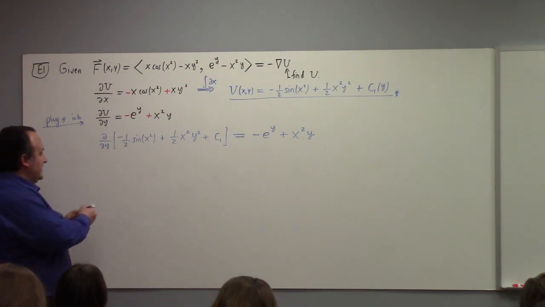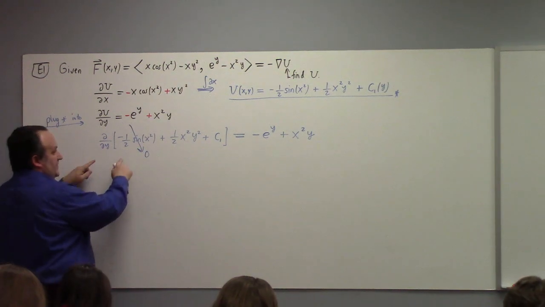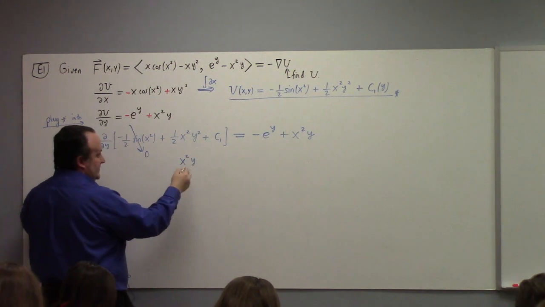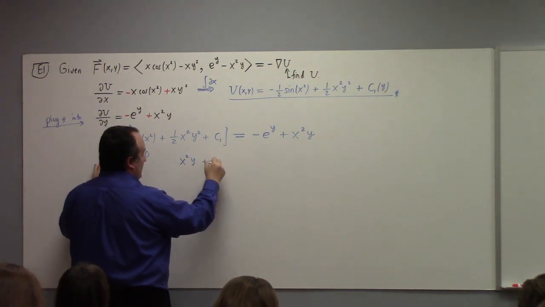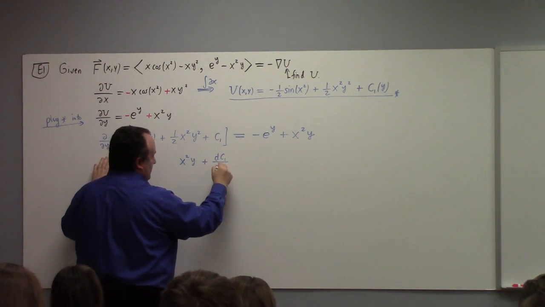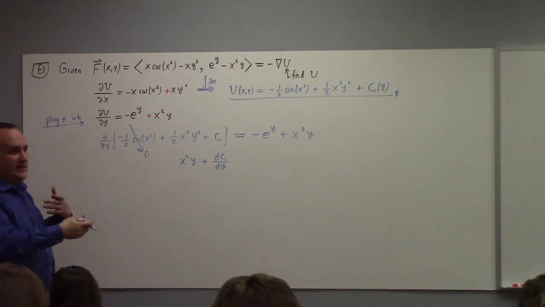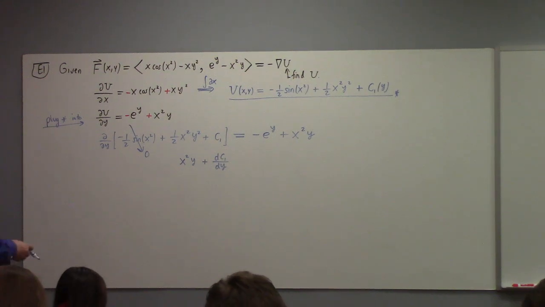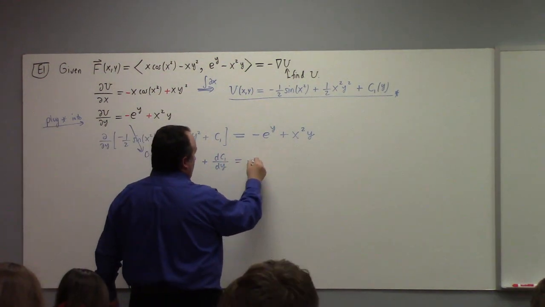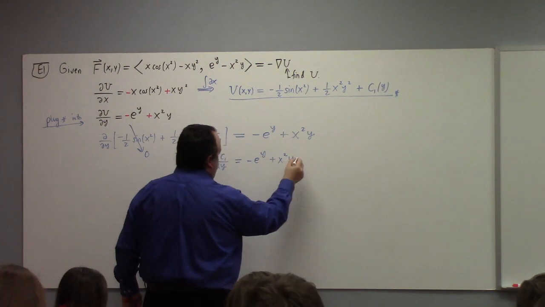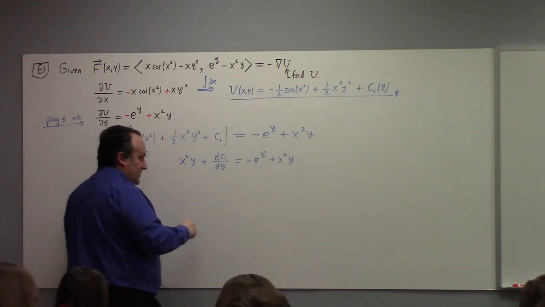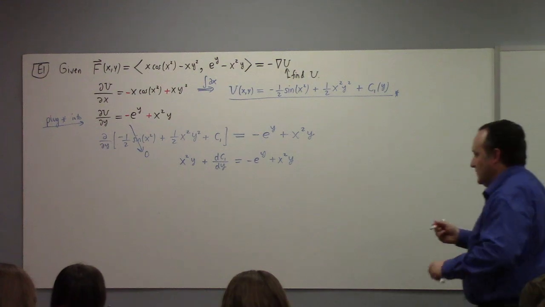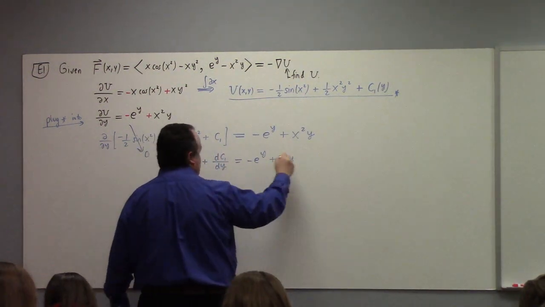Because we're just differentiating a function of x with respect to y. And this piece here gives me x squared y, because the 1/2 and the 2 cancel. And then I get plus dC1/dy. The reason that's a total derivative is because, remember, C1 is just a function of y alone, so that's really just dC1/dy. Now that's supposed to be equal to minus e to the y plus x squared y. Good news, this part cancels.